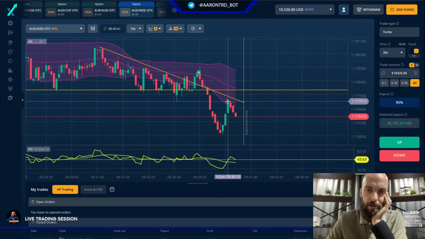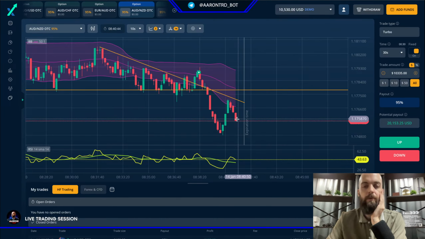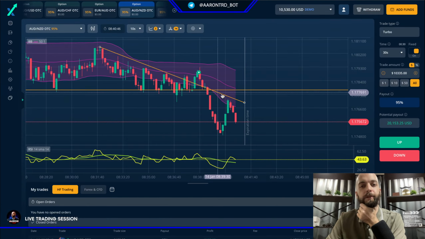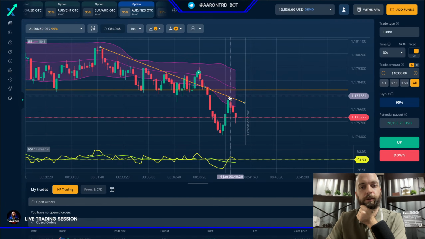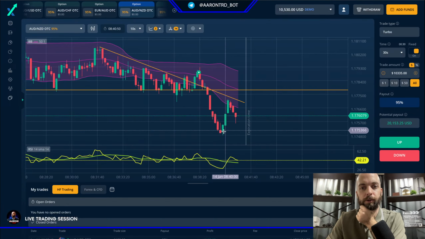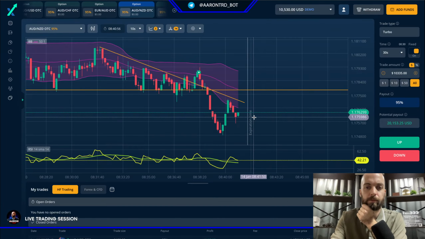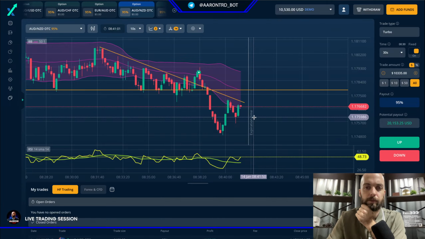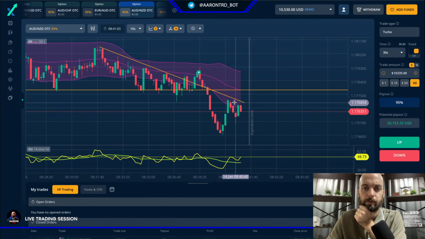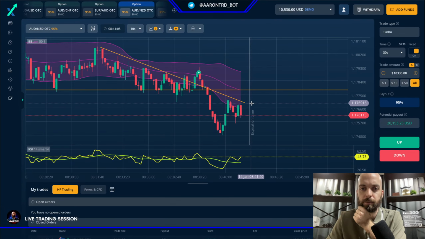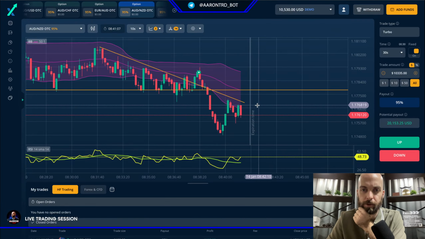See, it broke above, but it didn't want to break all the way through, because this line was, you know, double downing on price. I think we might be good for another put.